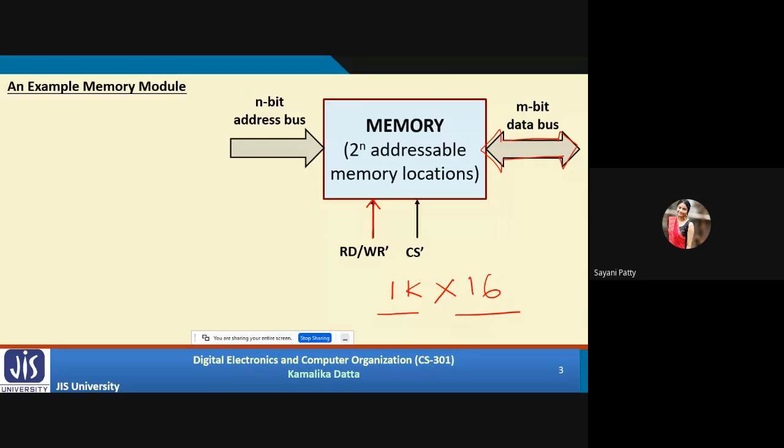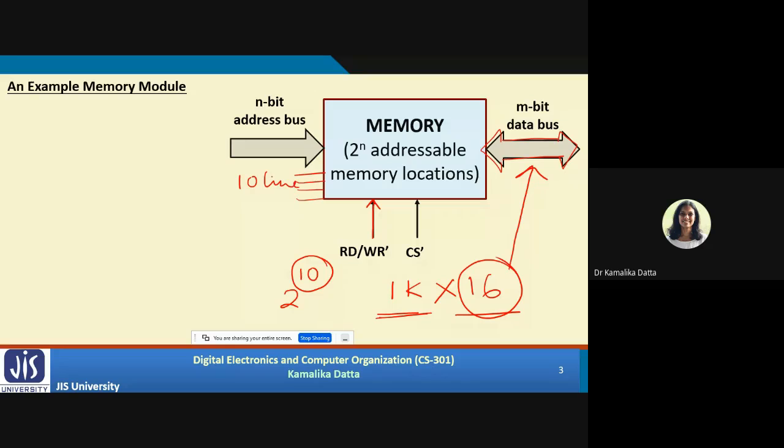Why 14? 1K cross 16 means 16 is basically the data bus. So there will be 16 lines in the data bus. And 1K memory means 2 to the power 10. So there will be 10 lines for the address bus and 16 lines for the data bus.